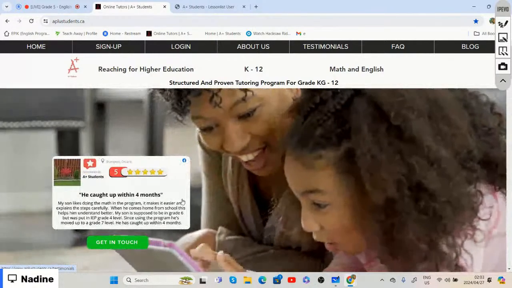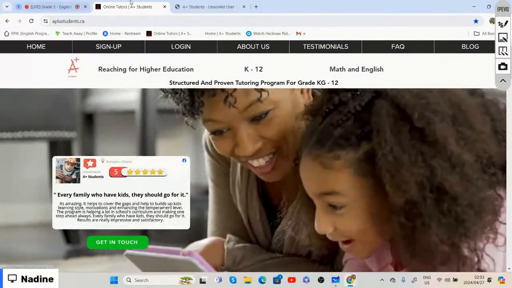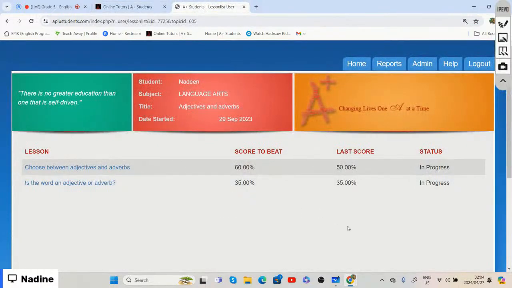Once we've done that, we're going to scroll down until we get to our chapter on adjectives and adverbs. All right, so our chapter is adjectives and adverbs.